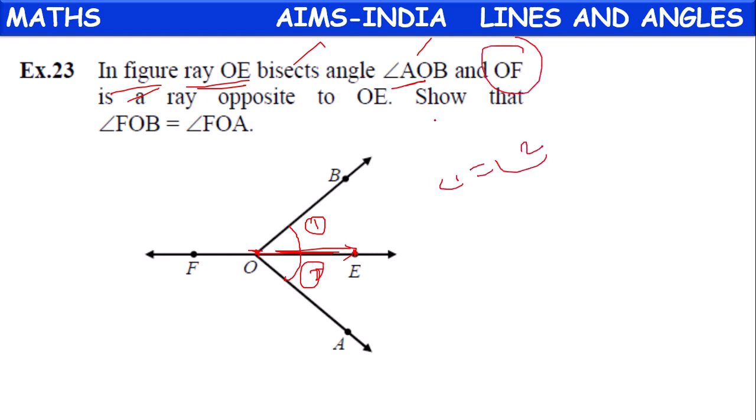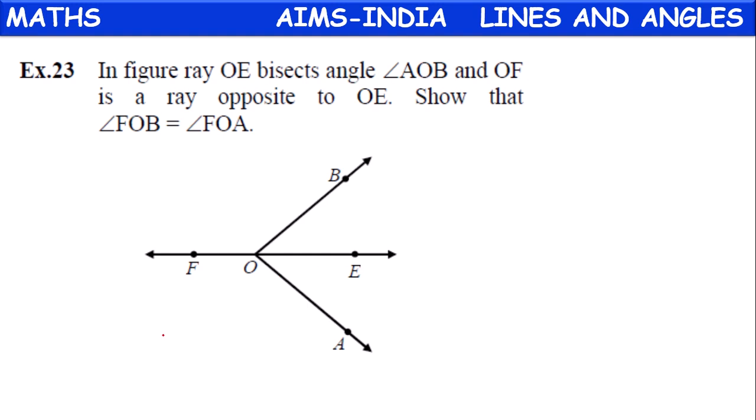And OF is a ray opposite to OE. Show that FOB equals FOA. This we have to prove.